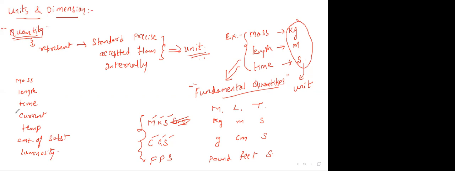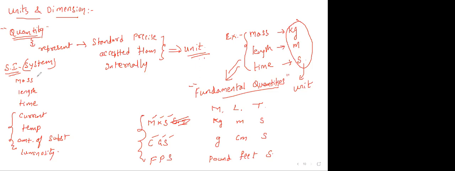So these are the four additional quantities added to the three fundamental quantities already mentioned in the MKS system. We considered this in the SI system. SI system means the International System of Units.